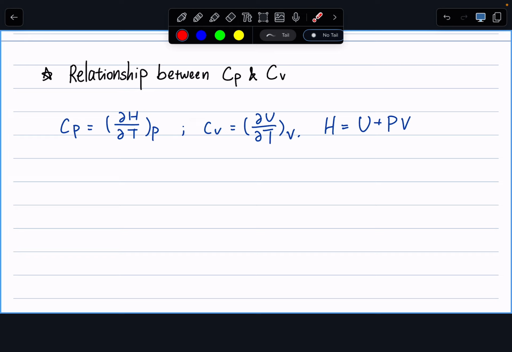Then the partial derivative of u over t at constant V, and this normal derivative also has constant pressure there. So that's how we get an expression of this term as these partial derivatives.